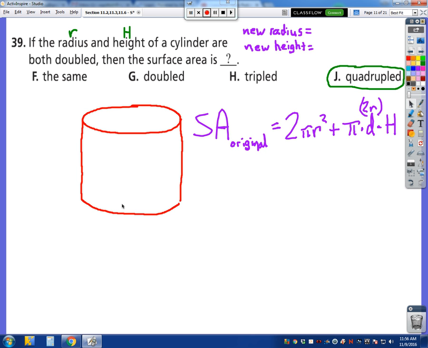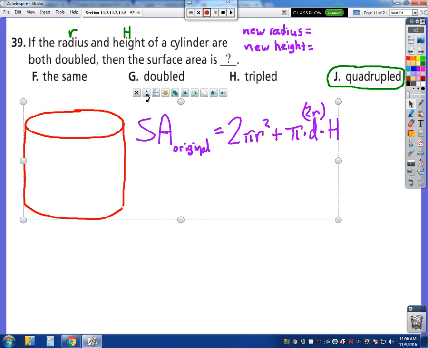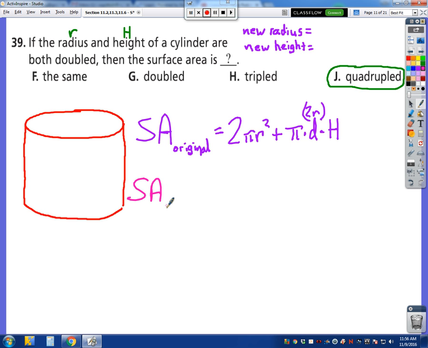So now I want to know, how does that compare if I double the radius and double the height? So I'm going to show you what this looks like algebraically. So now let's say we have our surface area of our double cylinder here. So I have 2 pi, and then the radius gets doubled, so I'm going to take 2 r's, and I have to square that whole quantity, because that is my new radius.